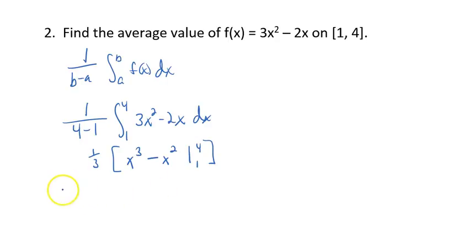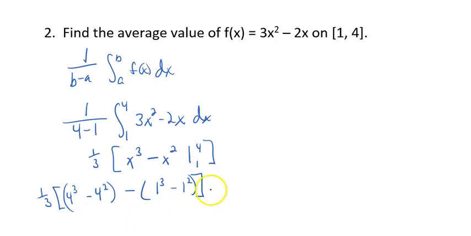So I'm going to have 1/3 times 4 cubed minus 4 squared, minus 1 cubed minus 1 squared. And that will become 1/3 times, 4 cubed is 64, 4 squared is 16.